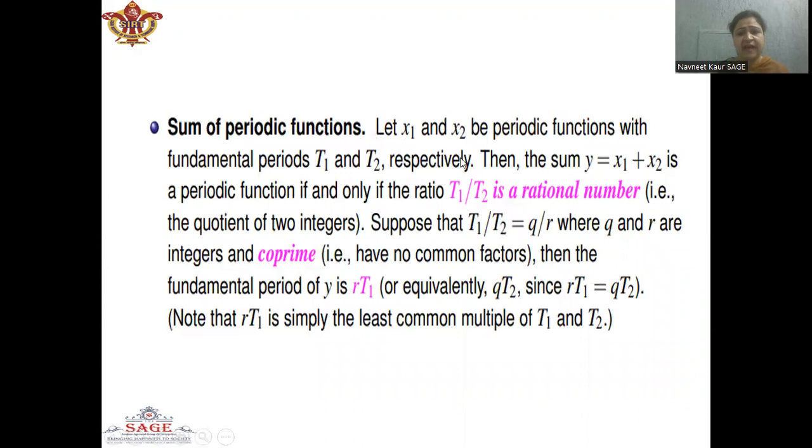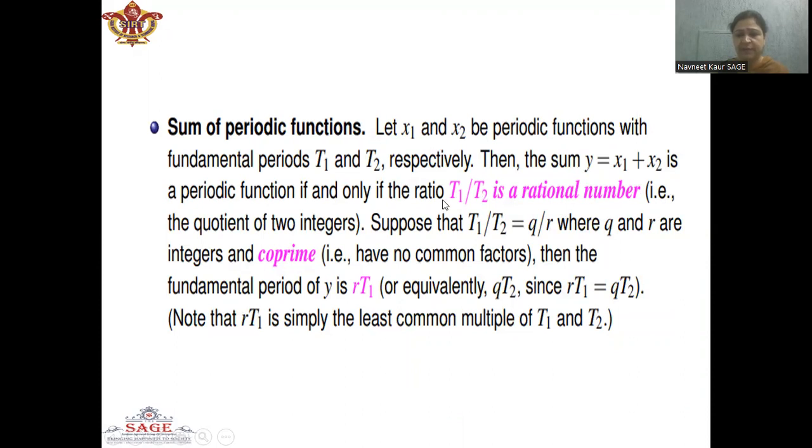Now, if we have the sum of two signals, say x1 and x2, and both these signals are periodic signals with fundamental time periods T1 and T2 respectively, and I take the sum of these two signals, then this sum, the signal represented by y, will only be periodic if the ratio T1 by T2 is a rational number.